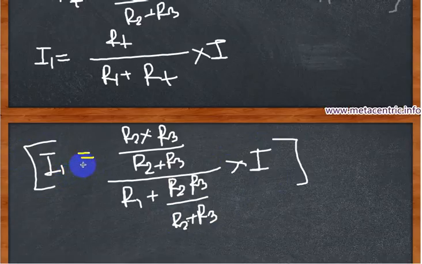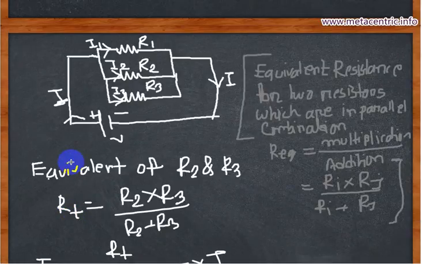Similarly, we can calculate the value of I2. Okay. For calculating the value of I2, the total resistance should be R1 into R3. If we want to calculate the current I3, we'll have to make a pair of R1 and R2. In that case, following that formula, we can calculate any current flowing through a particular resistor that is in parallel with other resistors.